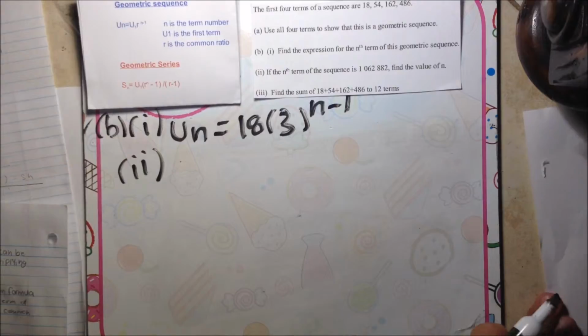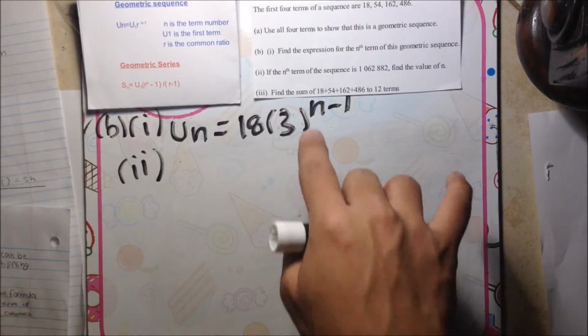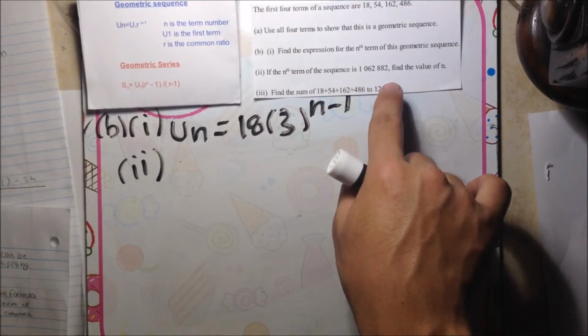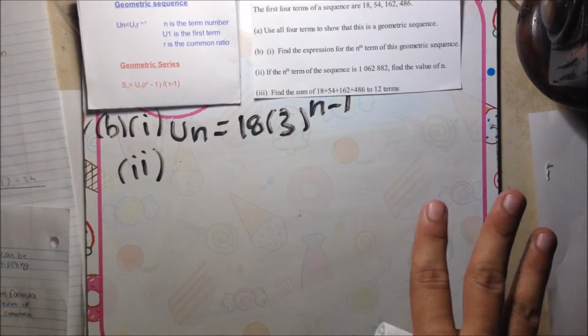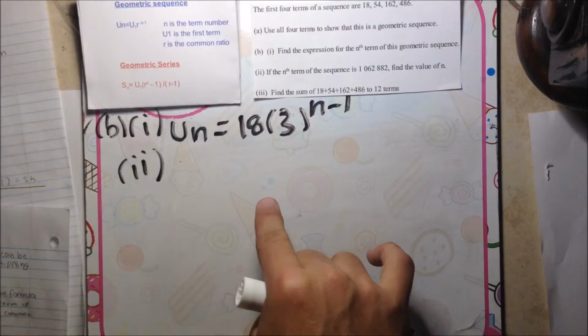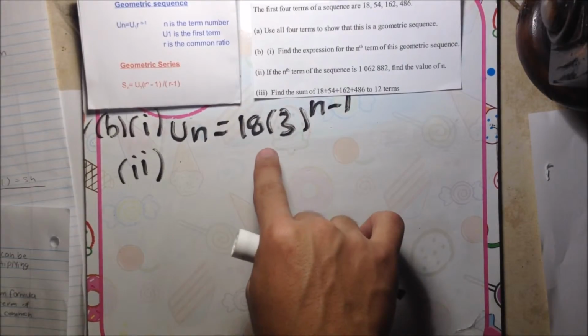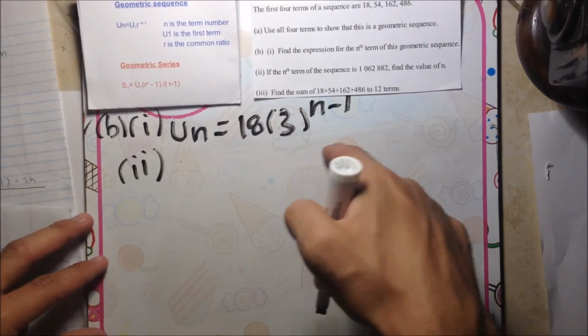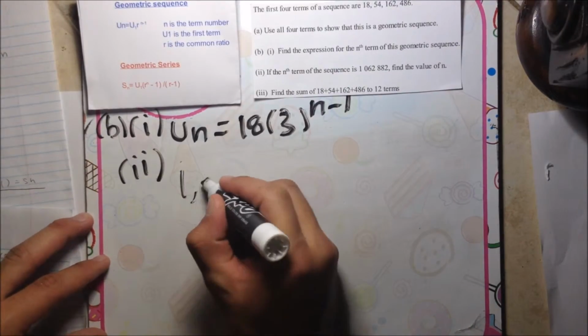Now in part 2 of B, we're asked to find the value of n given that the nth term of the sequence is this number right here. So in order to do this, we can use our answer for part 1 of B, our nth term expression. The way we do this is we make this number equal to this right here.